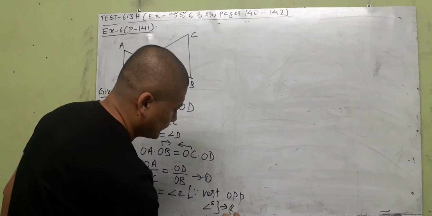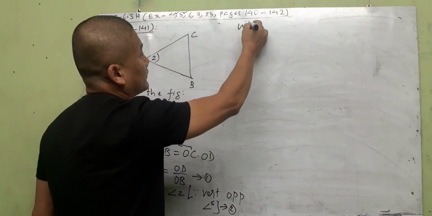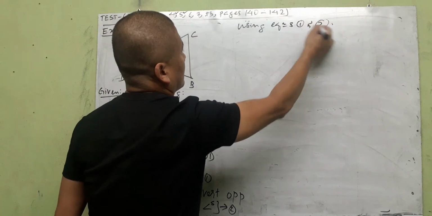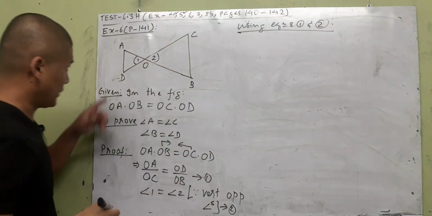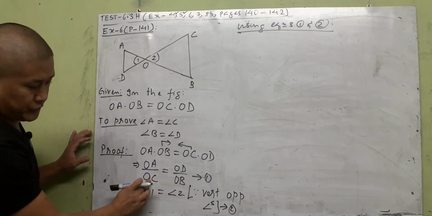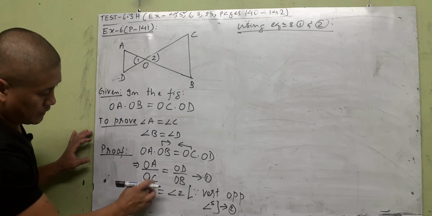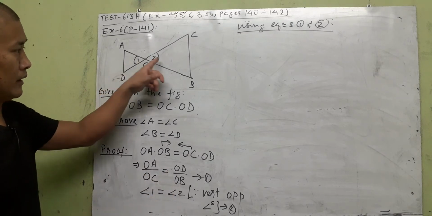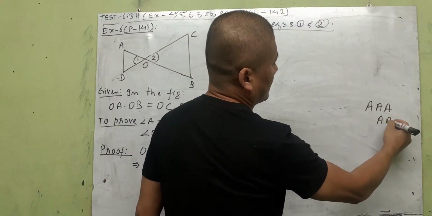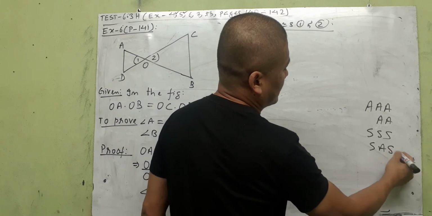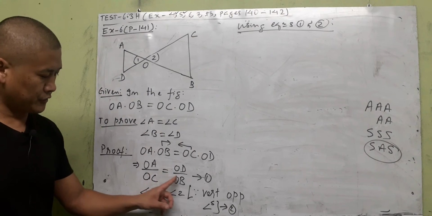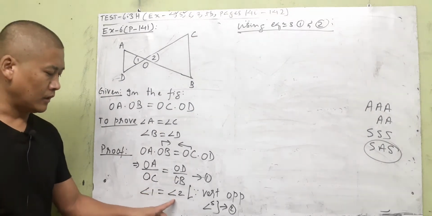So we see that in these two triangles, using equations 1 and 2, when you take this triangle and this one, you see that two sides of these two triangles are proportional, and the angle between them, between these two sides, angle between the sides are equal. So we have 4 similarity conditions: AAA, AA, SSS, and we see that these two triangles are similar by SAS. Two sides proportional, and included angle means angle between are equal.